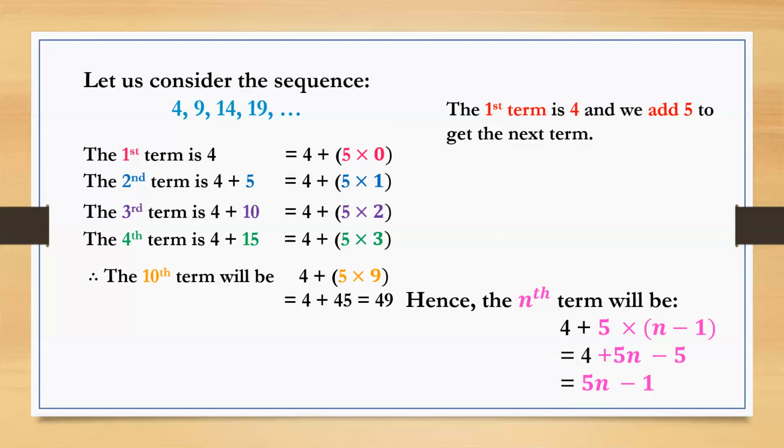So an expression for the nth term will be 5n minus 1. Let us check. Suppose I want to find T10 using this expression. So T10 meaning n equal to 10. It will be 5 times 10, 50, minus 1, which is 49. And we had obtained 49 earlier.